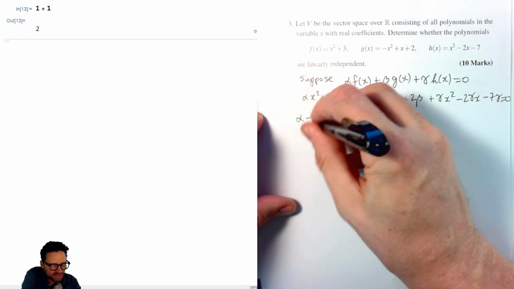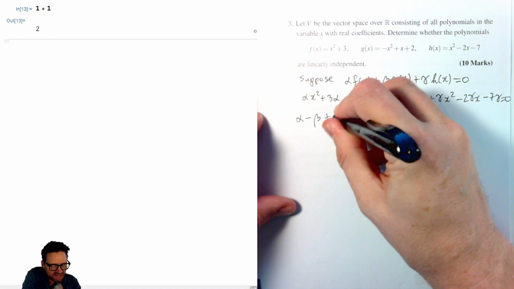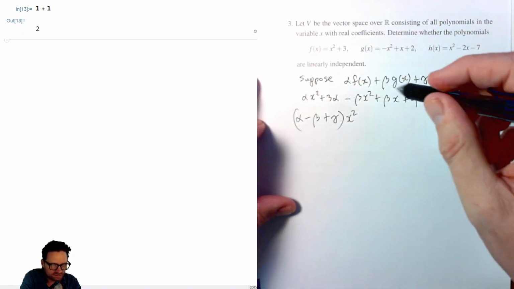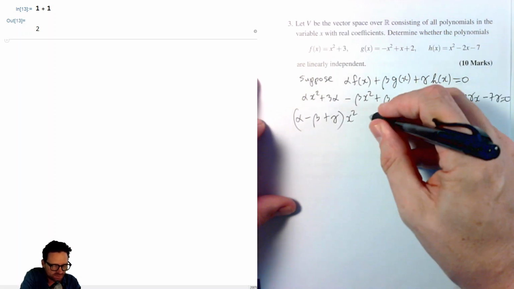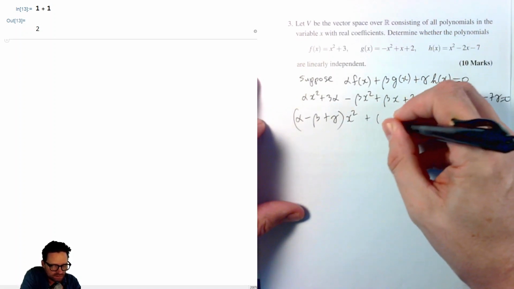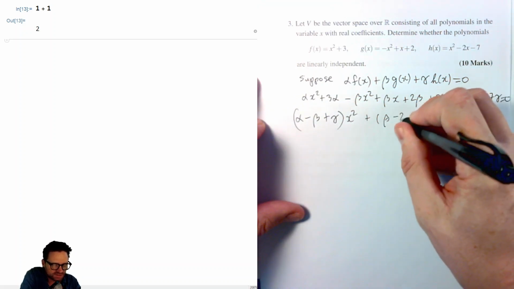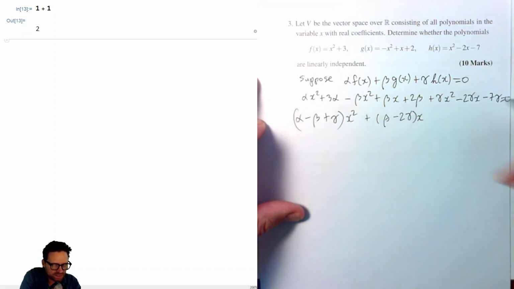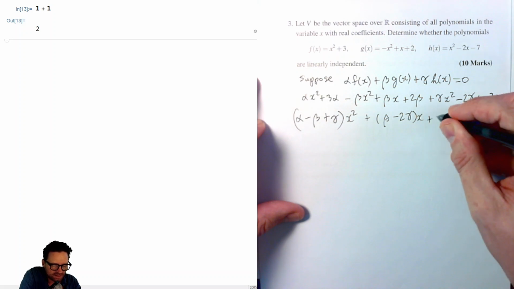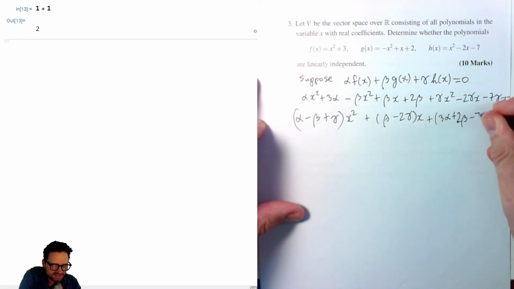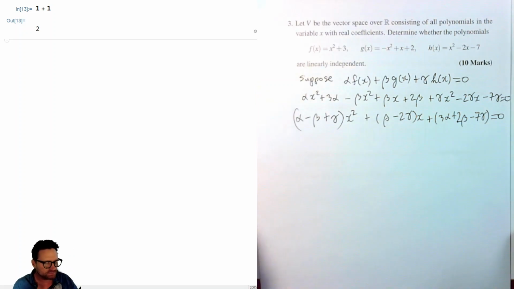So we have alpha minus beta plus gamma all times x squared. And then the coefficients of x, we have beta minus 2 gamma times x. And then we have 3 alpha plus 2 beta minus 7 gamma. All of this is 0.